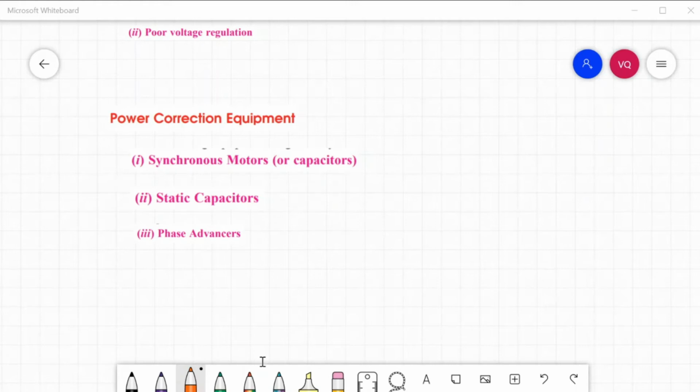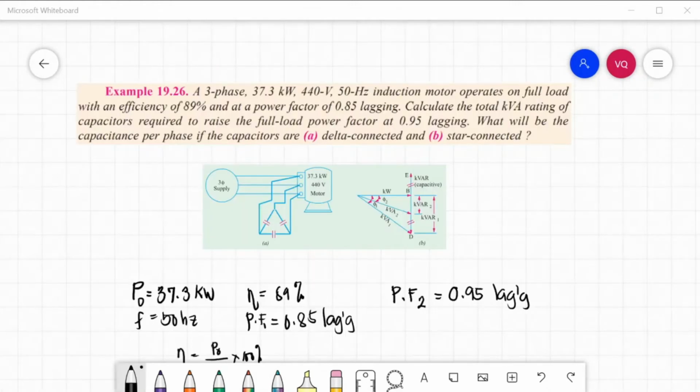Mas maganda yung power factor na close to unity power factor, kasi hindi nasasayang yung power na ginagamit. Kung mas malaki yung theta natin, mas lower yung power factor. Let's have an example.